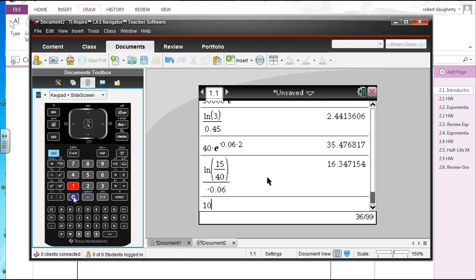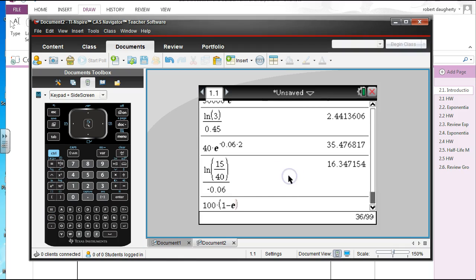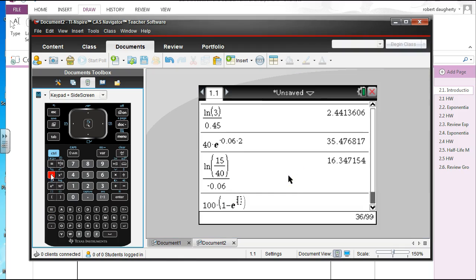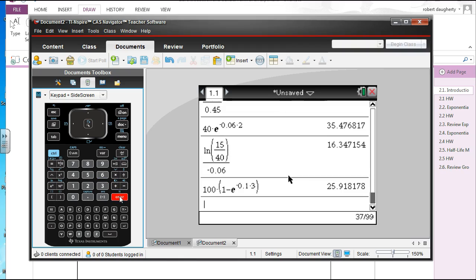So 100 times, parentheses, 1 minus e raised to the negative 0.01 times 3, right? And that is 25.92.